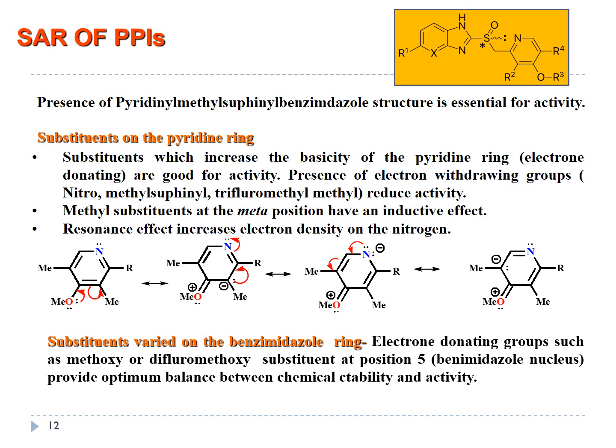Therefore, we may say that the benzimidazole ring leads to an activity as well as chemical stability, because most of the PPIs suffer from the limitation of chemical instability. So the presence of the methoxy group gives a good balance between stability and activity.